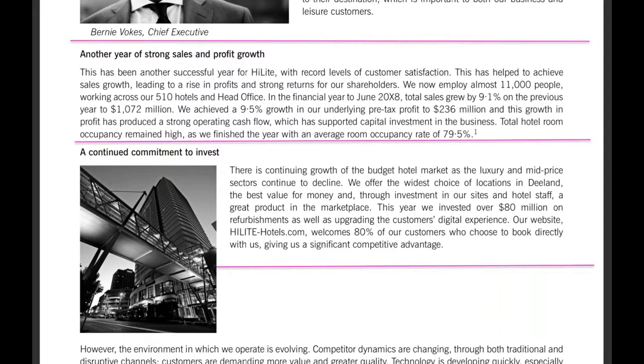So in the financial year to June 2008, total sales grew by 9.1% on the previous year to 1.072 million. We achieved 9.5% growth in our underlying pre-tax profit to 236 million, and this growth in profit has produced a strong operating cash flow.